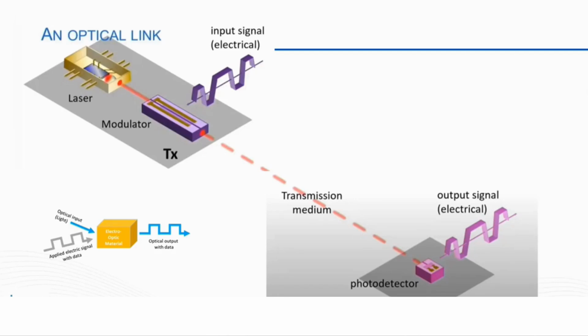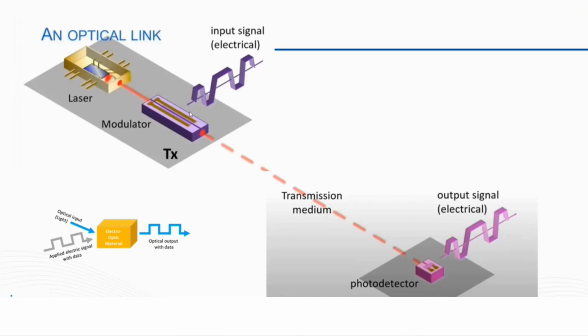Because today we're going to talk about the photonic transceiver, what is this technology? As you see in this picture, we have a laser, modulators, a transmission medium, and photodetectors. On the modulator side, we have an electrical signal.